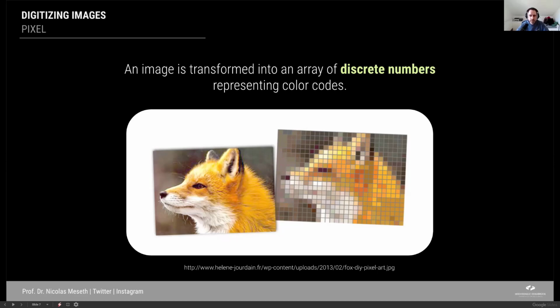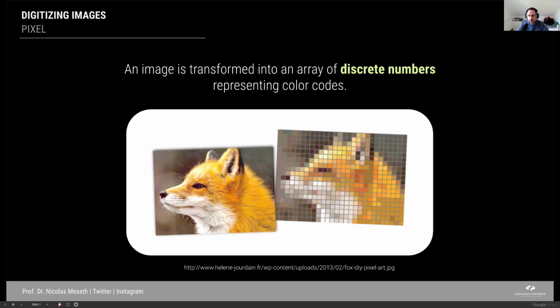And if we want to measure that, for example, in a digital camera, we have a sensor that has a certain number of those pixels where it can measure the light that is falling onto it, and that's how it gets digitized. So it simply converts the light that's hitting the sensor into a digital representation of that color, and then it gets stored basically as an array or a list of color codes in this case.